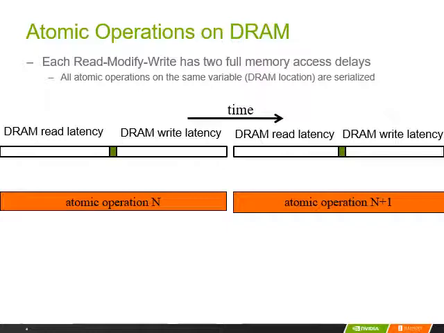So we show the timing as atomic operation N that will involve two memory latencies and a small execution latency in the green dot. After the nth operation completes, the (n+1)th atomic operation can begin, and that involves a DRAM read latency, a little bit of execution delay for generating the new value, and then a full DRAM write latency.